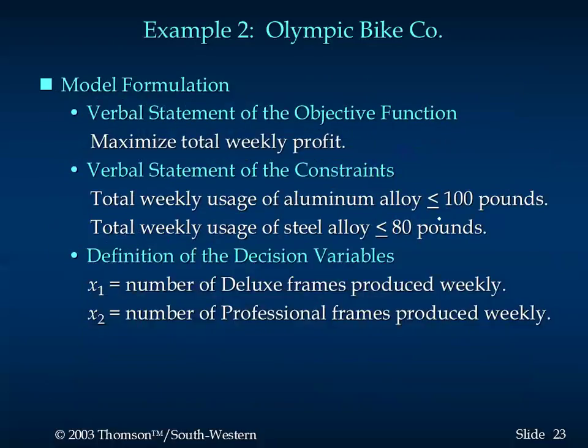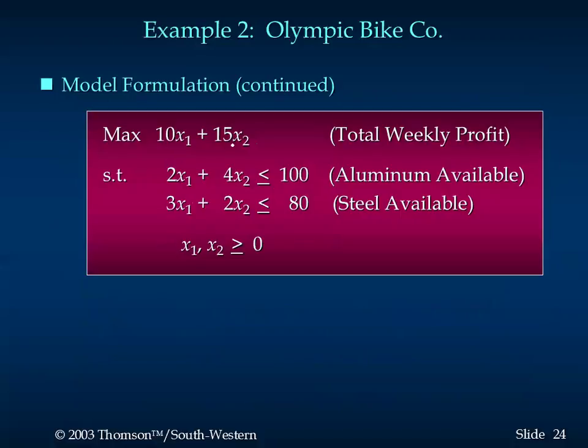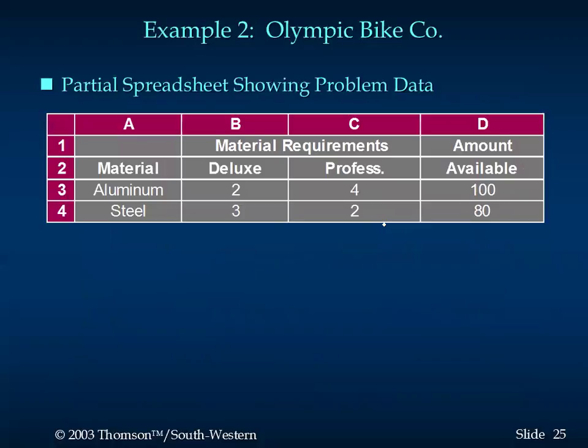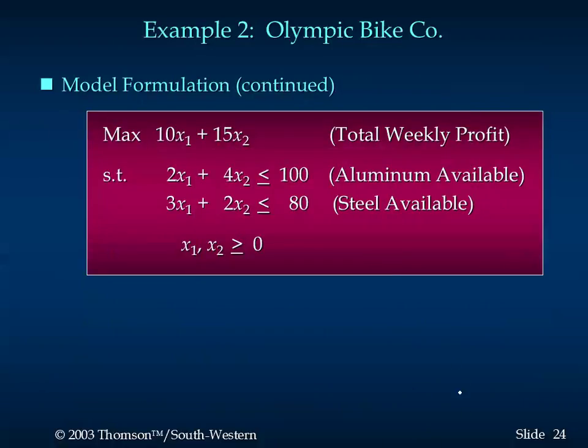Okay, so they're very simple. All right, so maximize 10x1 plus 15x2, 2x1 plus 4x2 less than or equal to 100, 3x1 plus 2x2 less than or equal to 80. Okay, and I think we're directly doing it in Excel. So shall we go there and do it directly in Excel?